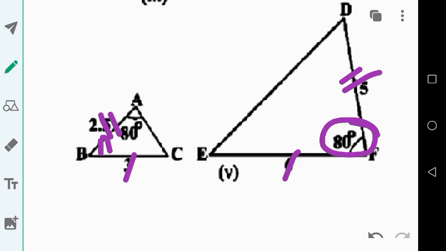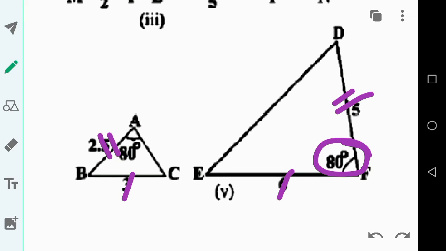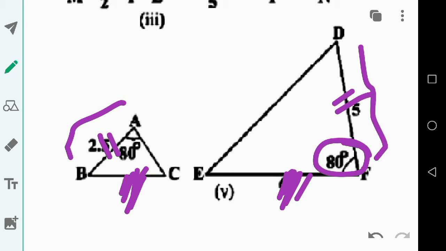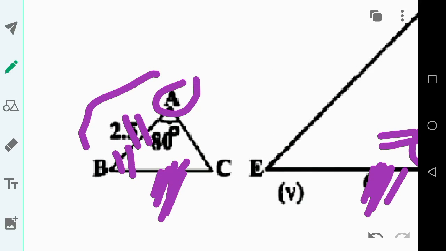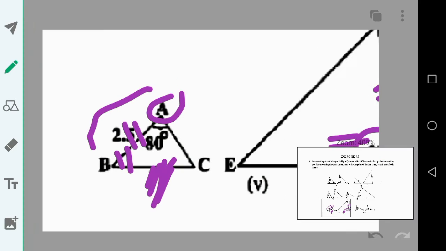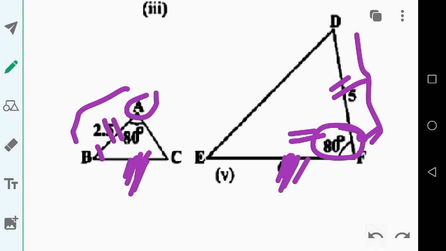We have taken the ratio of BC and EF, and then AB and DF. But angle F is equal to angle A, and to be similar, angle F should have been equal to B, but it is not equal to B, it is equal to A. That's why these two are not similar.